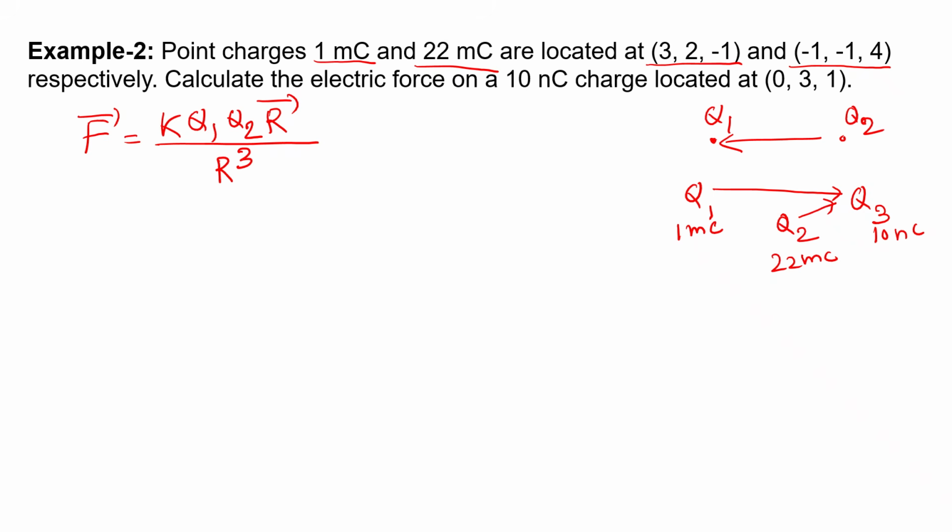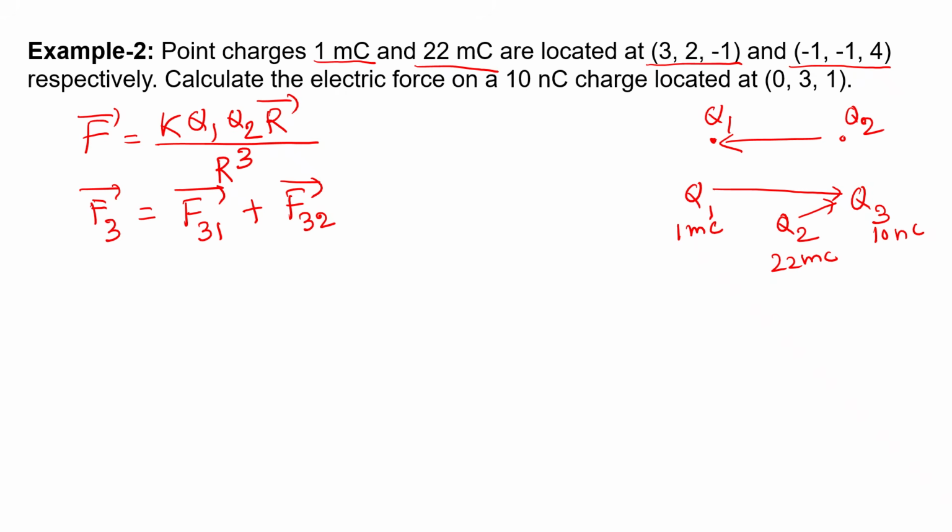Before solving this problem we have to know one concept: Coulomb's force follows the superposition principle. So force on 3 will be equal to force on 3 due to charge 1 plus force on 3 due to charge 2.